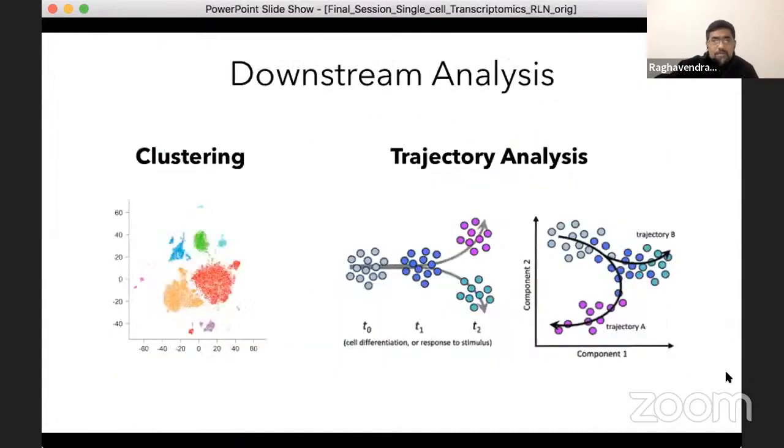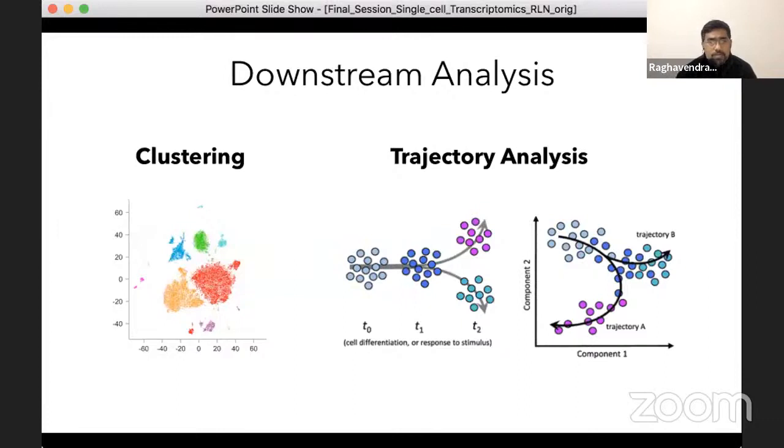Depending upon whether we want to find different groups of cells present in the sample based on their transcription profiles, or whether we want to analyze the cell development stages over time. Clustering methods help us identify cells that have similar expression patterns and assign them to a distinct group, as we have already seen.